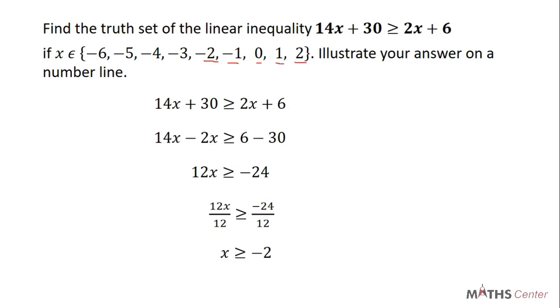Remember that -3 is not greater than -2. So the truth set is -2, -1, 0, 1, and 2.